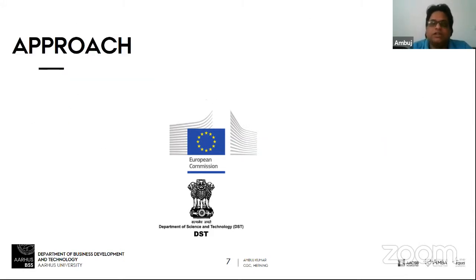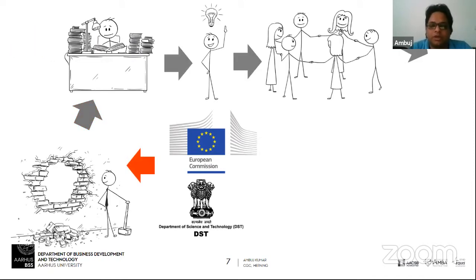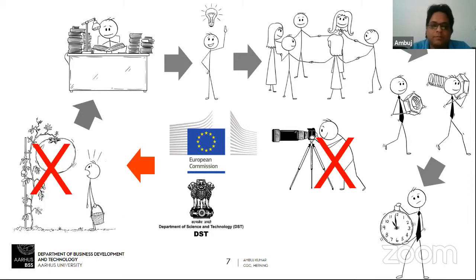The other way is that you see the call, you identify a call, and you create a problem, or maybe you identify a problem according to the call, and then you do all the other processes. So this is also a way to approach funding, which I would say is not very nice, because then you lose the whole objective of problem and solution, problem and funding.